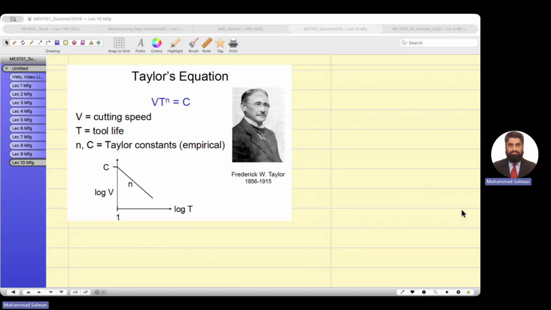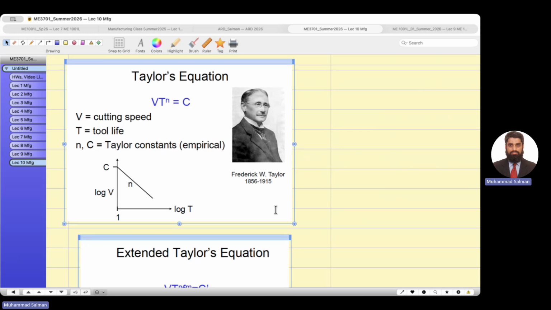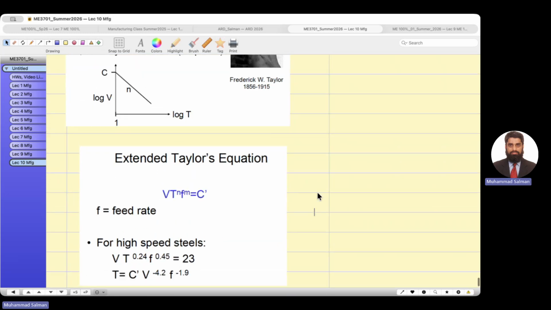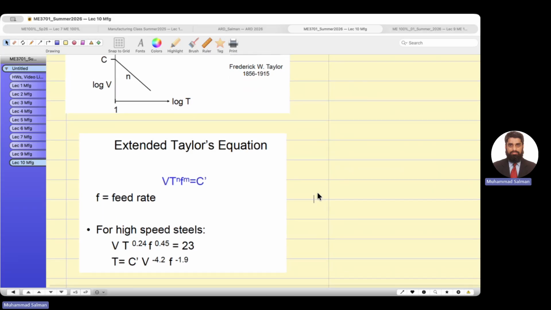The same equation can be further extended in 3 variables: cutting speed, tool life, and the feed rate. For high speed steels, this can be written this way.